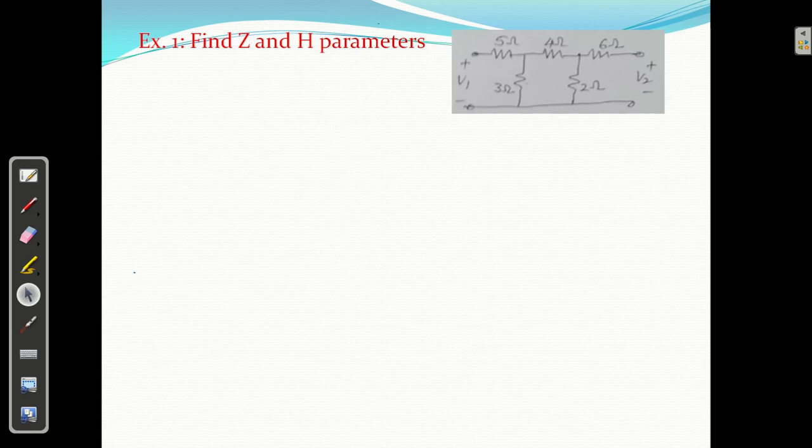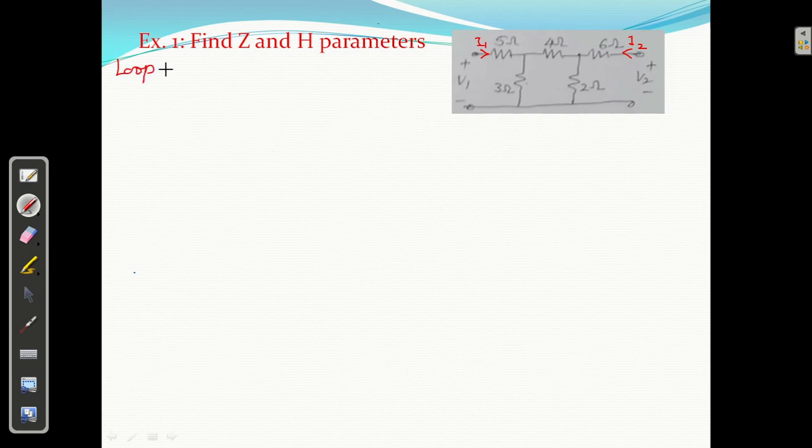So you can say there are two ports, port 1 with incoming current I1, and port 2 with incoming current I2. If you are going to write the equations, you can use the loop current method, or KVL.